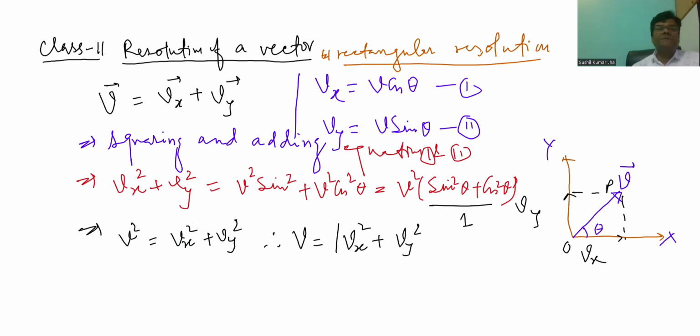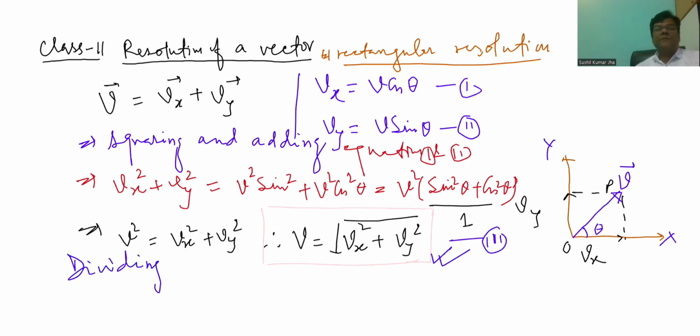Right? So V is resolved into its components, right? And these components are along x and y axis. So let's say this is the third. Now if we divide equation 2 by 1, then what we get?